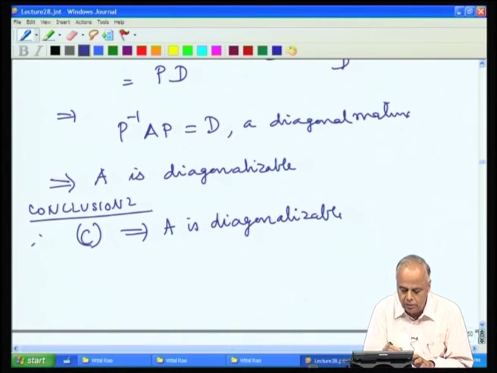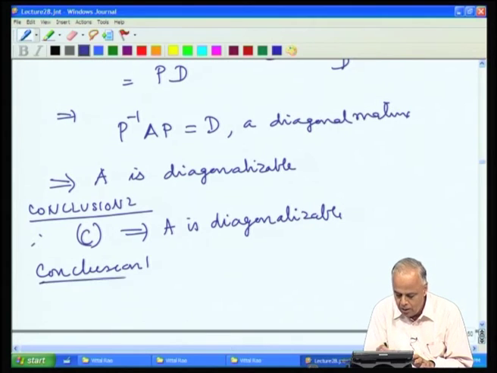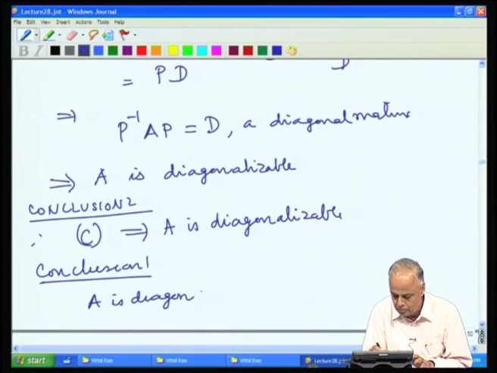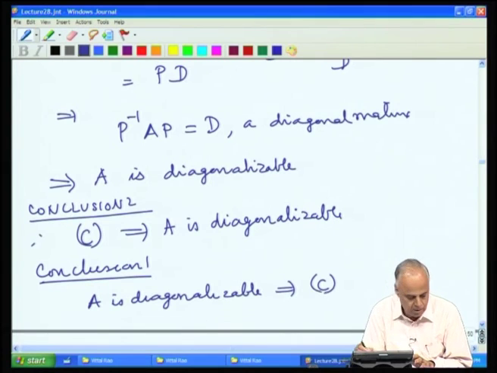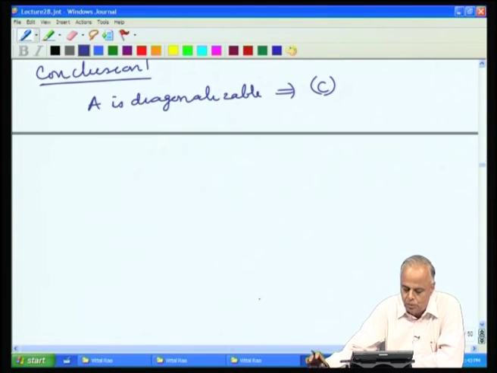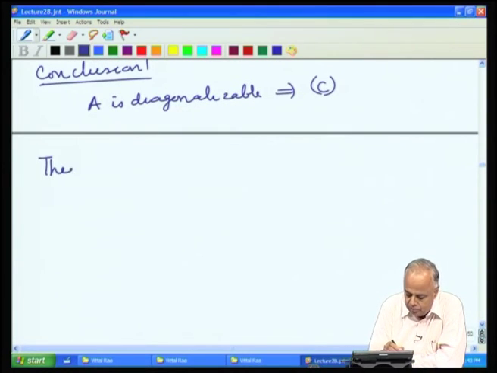The conclusion 1 was nothing but A is diagonalizable implies condition C, and therefore, combining the two we get the theorem.